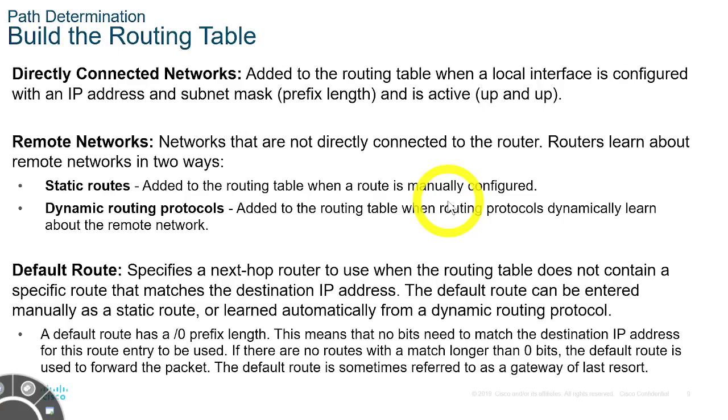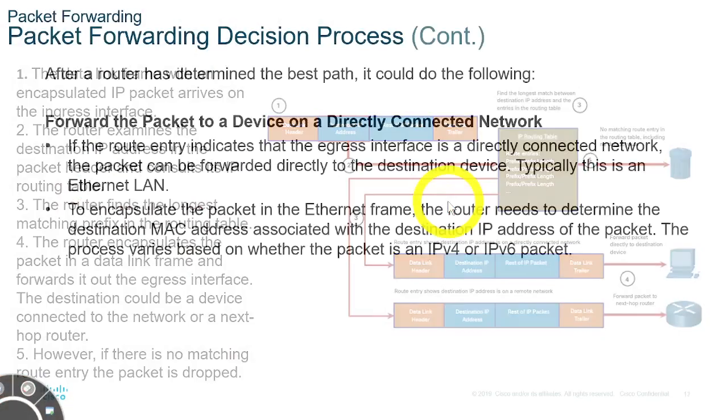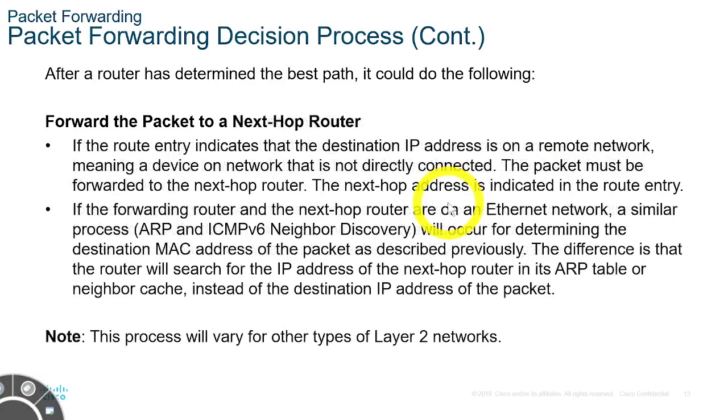So we are in this case. If the route entry indicates that the destination IP is remote, meaning a device on a network that's not directly connected, then the packet must be forwarded to the next hop router. The next hop address is indicated in the route entry.